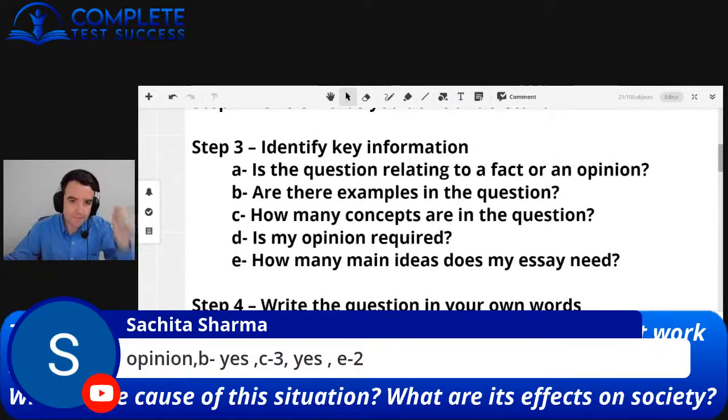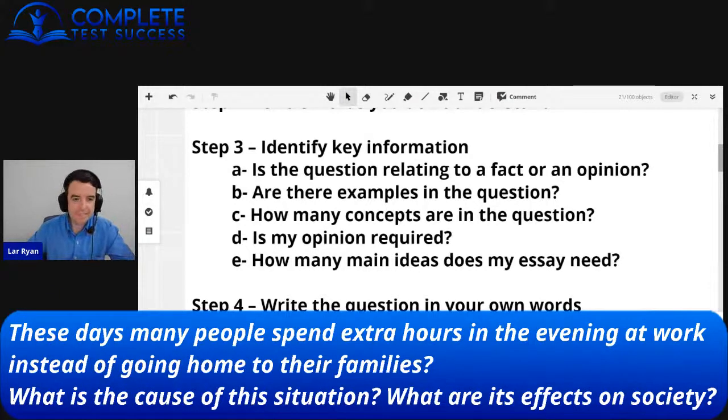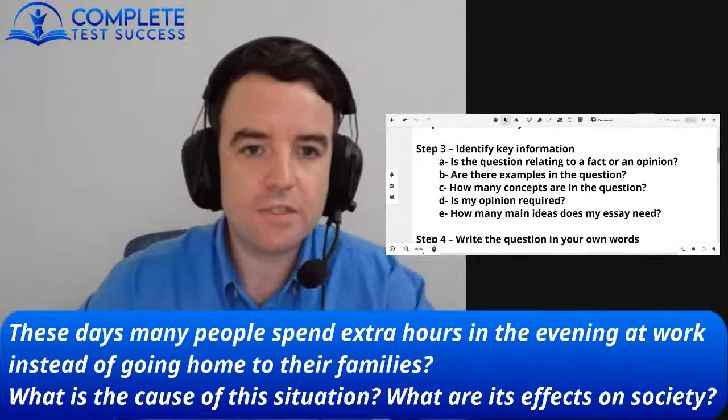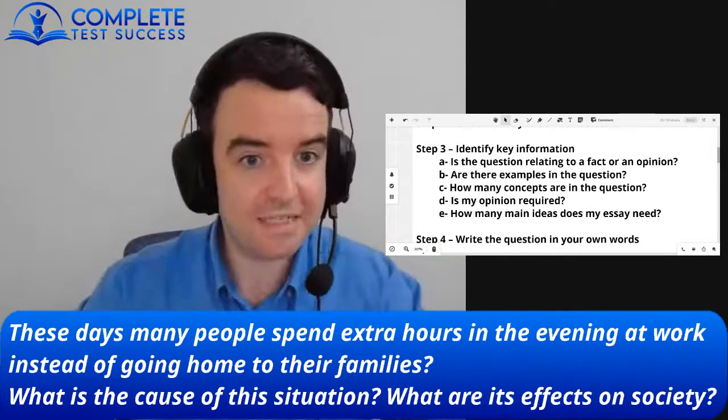So first of all, the question is relating to a fact or an opinion. This is actually a fact. Now, it says, these days, many people spend extra hours in the evening at work instead of going home to their families. So we're not discussing what somebody believes or thinks.